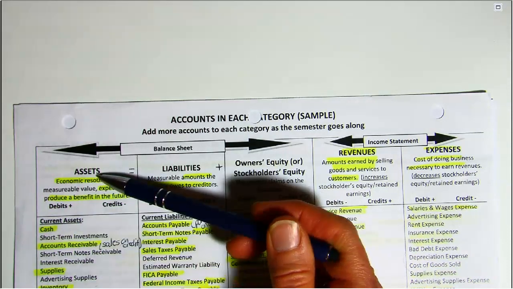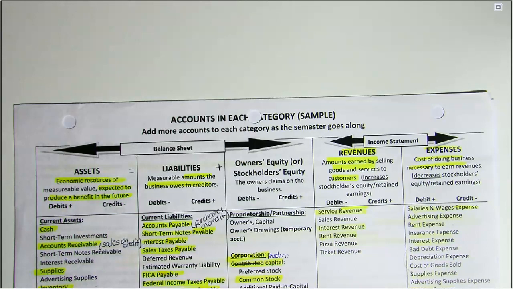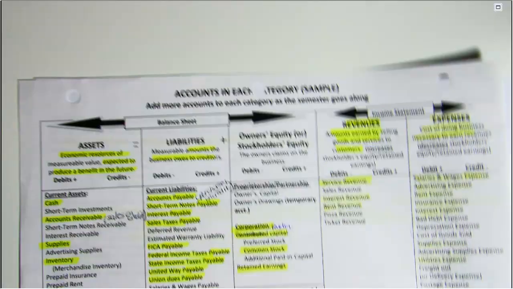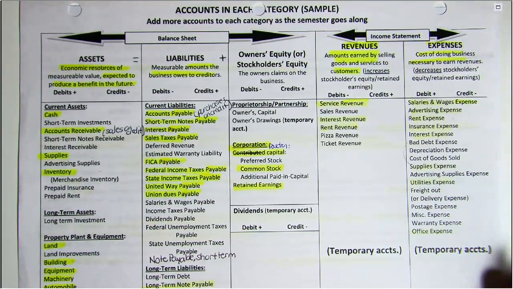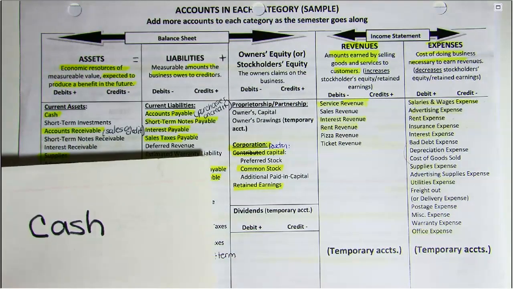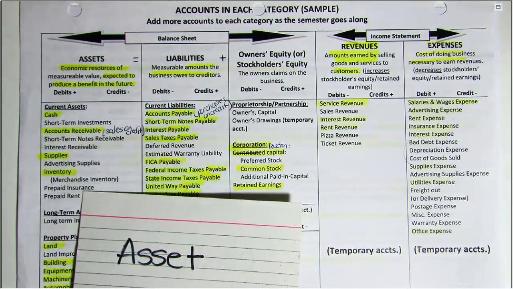Cash is a type of asset, accounts receivable is a type of asset, and so on. So you might want to make a flashcard for the ones that we're going to see in the first few chapters, the ones I've highlighted in yellow here. And for example, you would put the word cash on the front of the flashcard, and then you would put the category, asset, on the back.